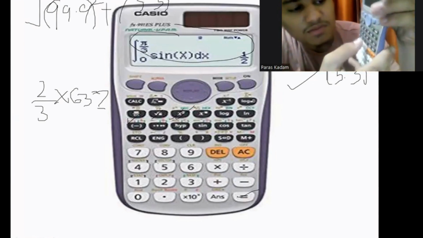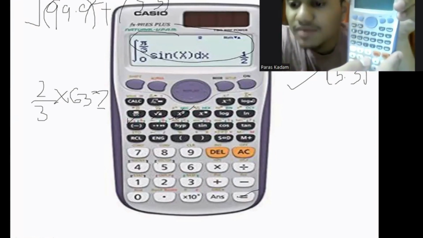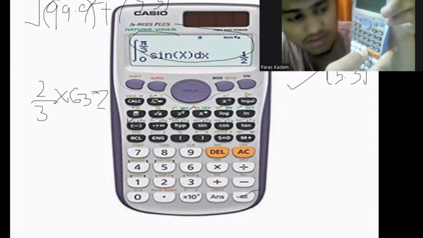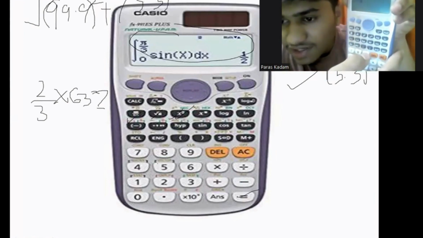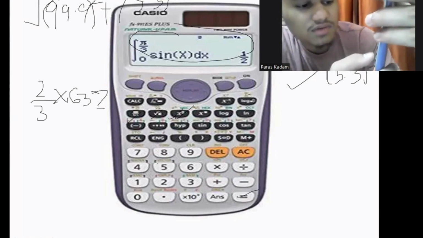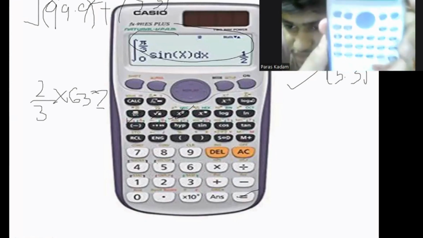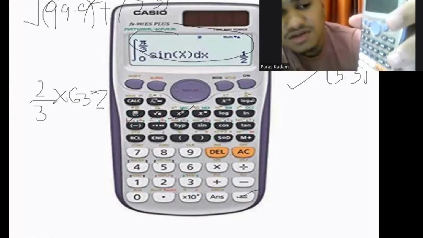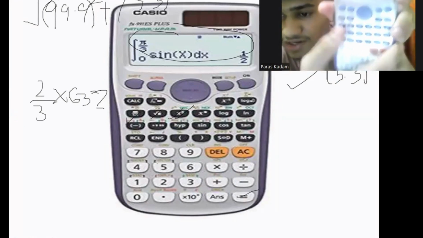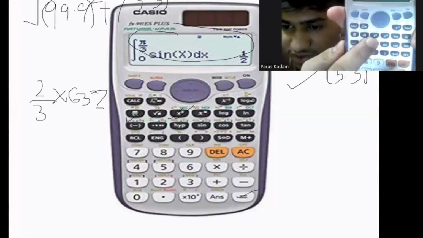Just type a bracket. First you will type a bracket, then you will type the given number, 99.9, bracket, square. For bracket square, you will use the button beside the square root, x square.